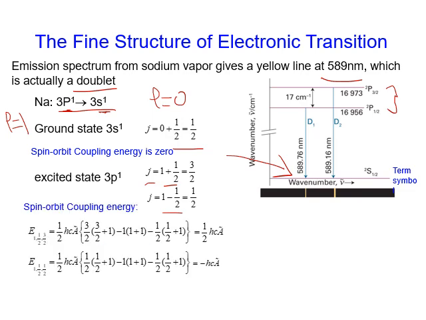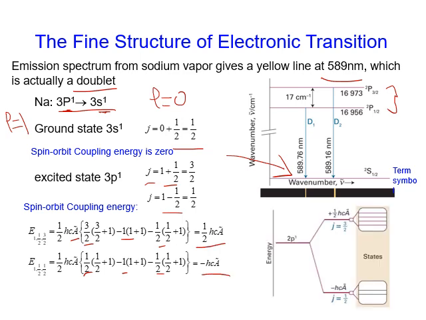And therefore, the two energies can be calculated. So here is the coupling constant, the J quantum number, the L quantum number, and the S quantum number. And so you calculate two different energies. And these two different energies give you a difference of 17 inverse centimeters, which is observed in the experiment.